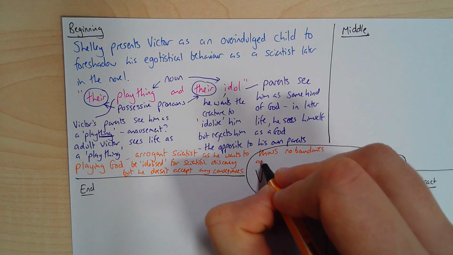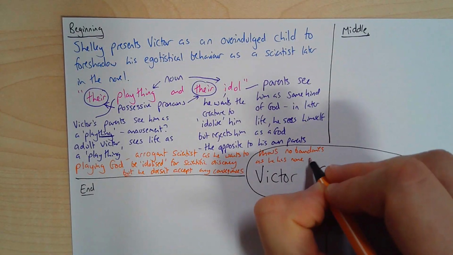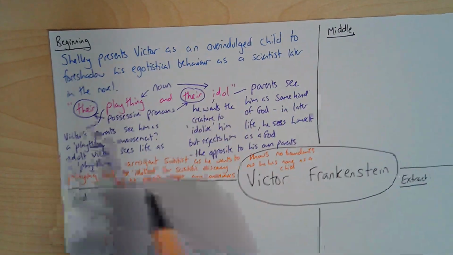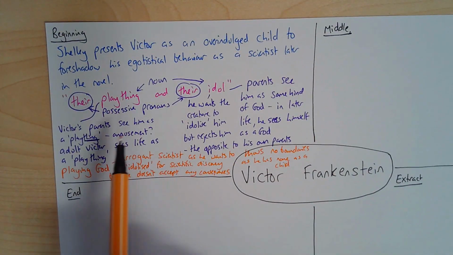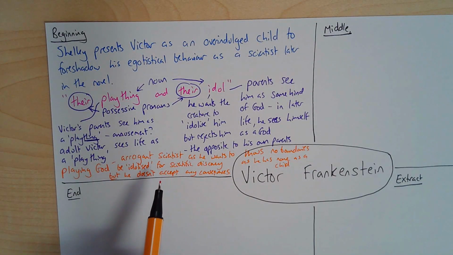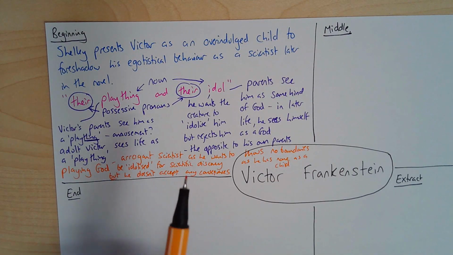He knows no boundaries because he doesn't have any. And so Mary Shelley includes this quotation to show that he is going to be an arrogant Enlightenment era scientist who does unethical experiments because he doesn't know those boundaries as well.